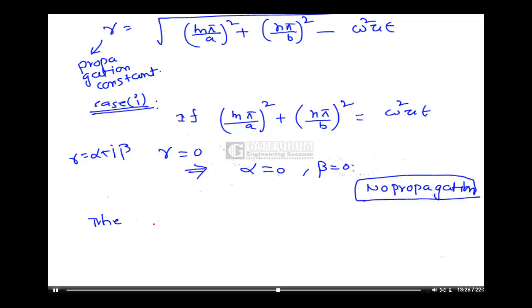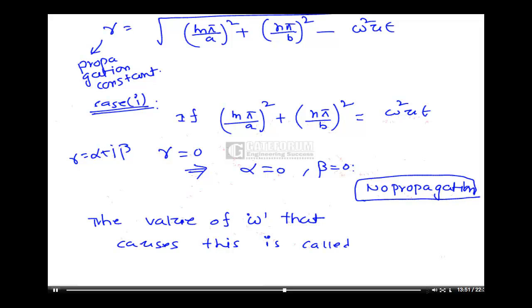The value of omega here, where omega square mu epsilon is equal to (m pi by a) whole square plus (n pi by b) whole square, that causes no propagation, is called the cutoff angular frequency, omega c.